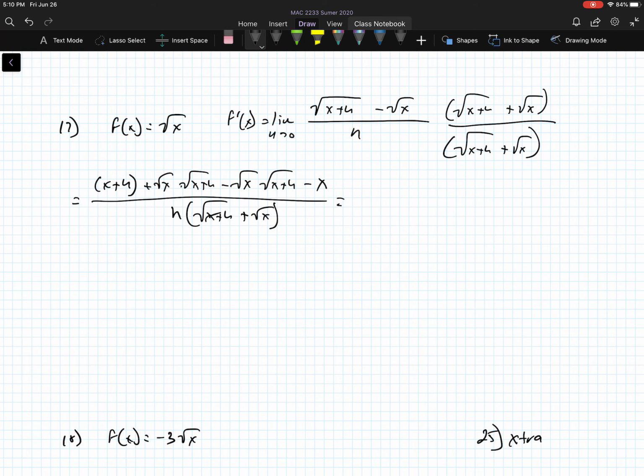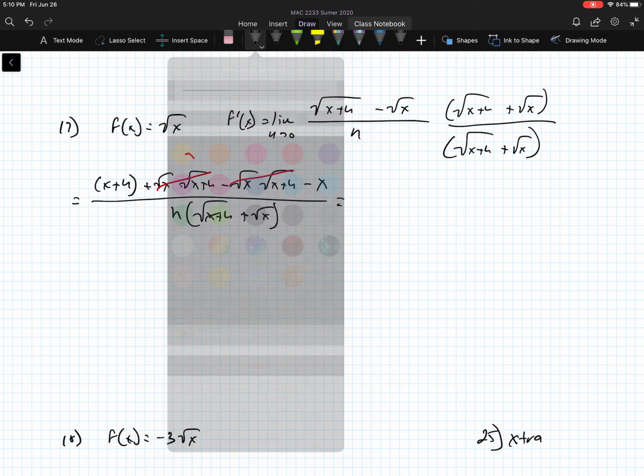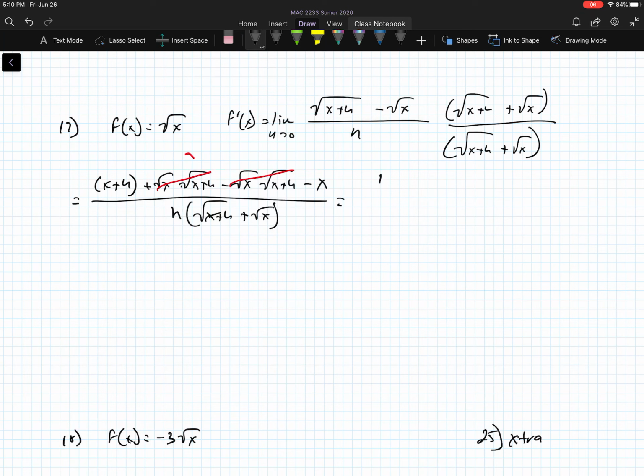And so these terms are going to cancel each other out. You can see here how these two terms are going to cancel each other out. And then the x and the negative x are going to cancel each other out. So I'm going to be left with h over h times square root of x plus h plus square root of x.